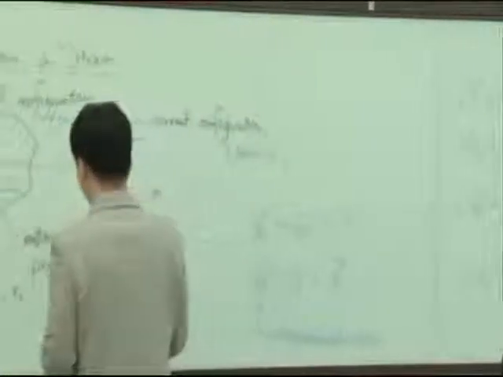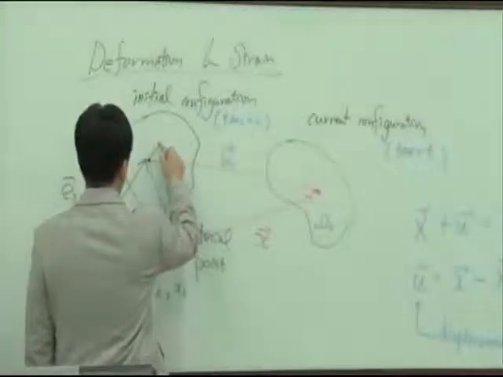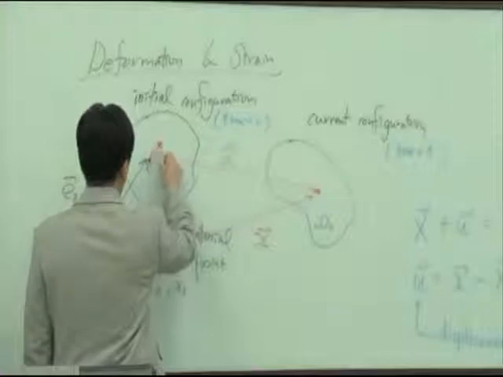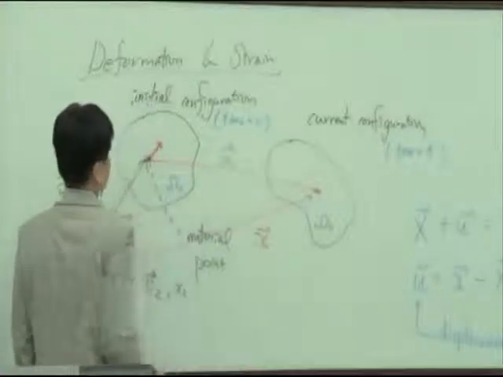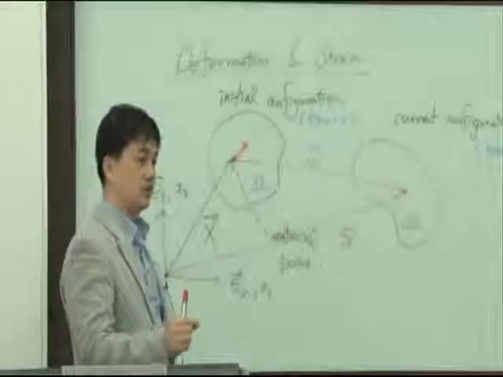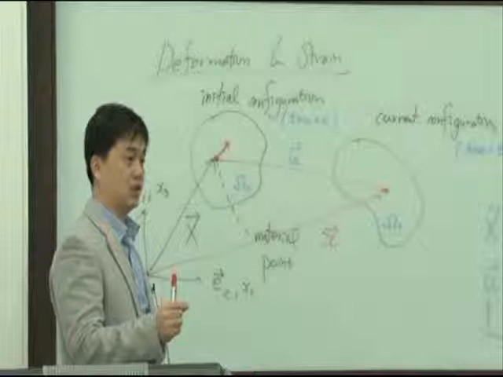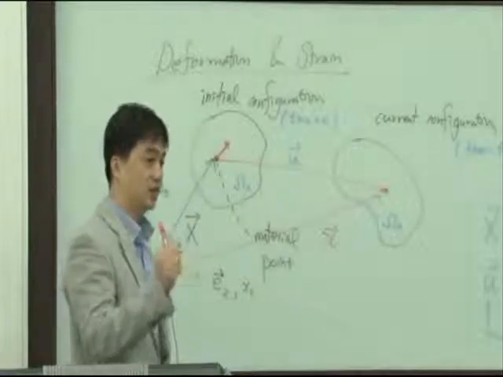Now let's consider some vector here. A position is a point defined by just one coordinate.